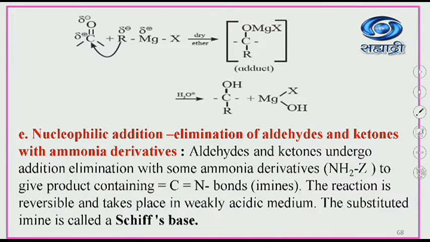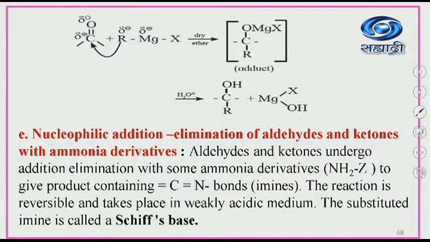When it is treated with dry ether, you will get CH3 OMgBr. On acid hydrolysis you will get CH3 and OH plus Mg, Br and OH. The name of this alcohol is tertiary butyl alcohol. You will get the tertiary butyl alcohol.